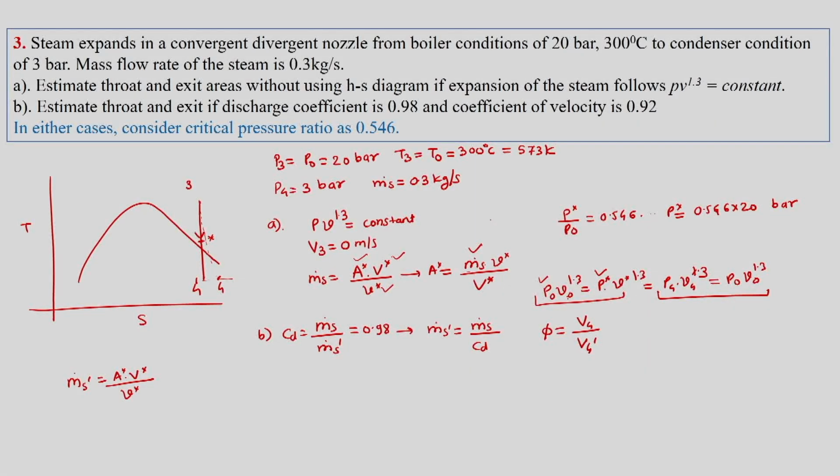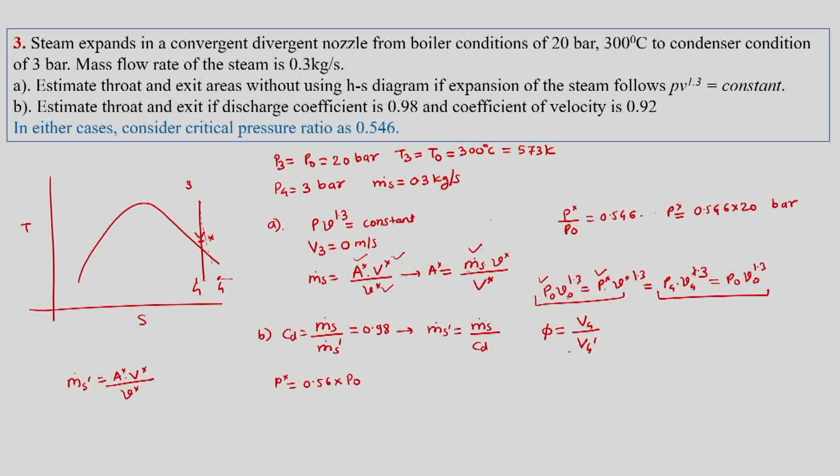So we know that in either case P star is equal to 0.546 times P naught, and this is known to us, so we know the value of P star. Then we can find out the rest of the things. Here we are told the velocity coefficient V4 by V4 dash, and P star is 0.546 P naught.